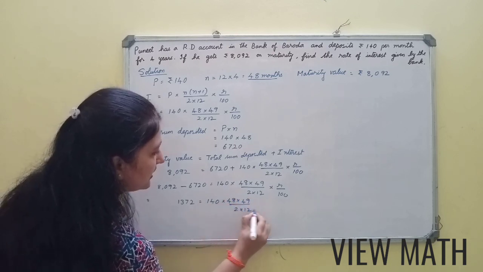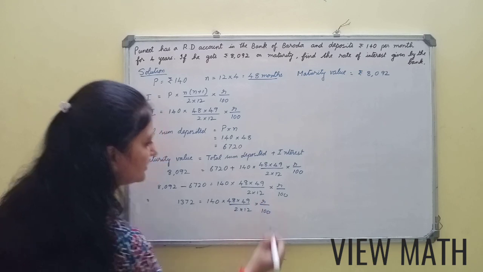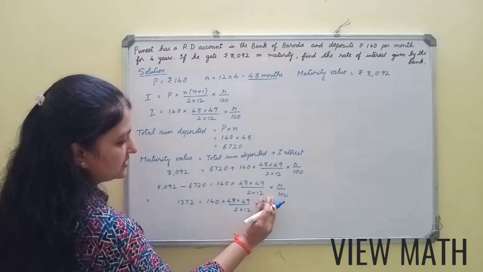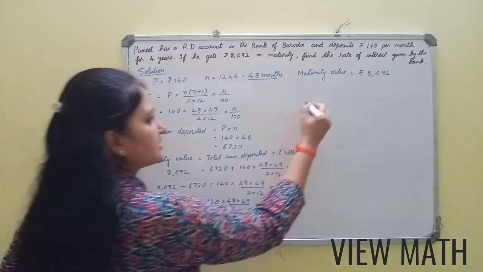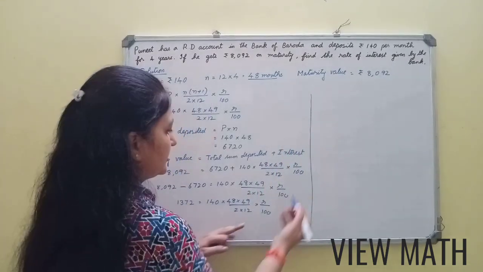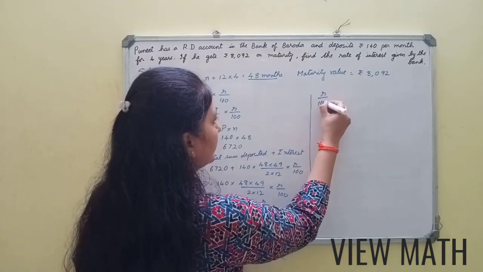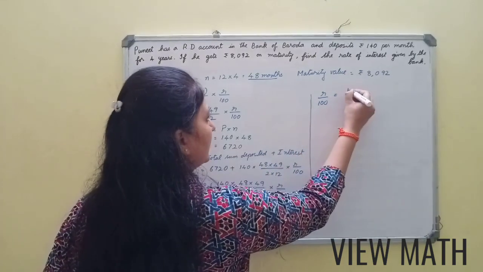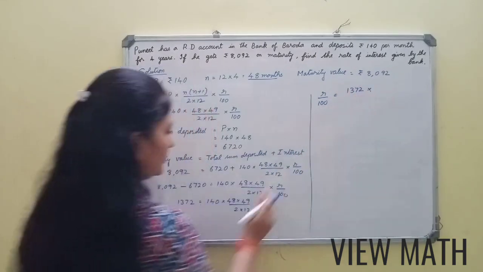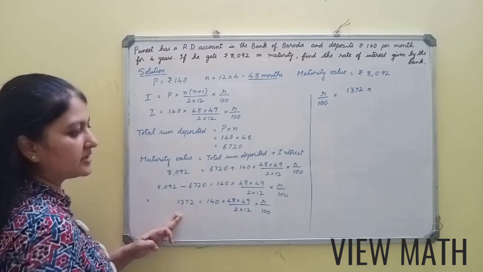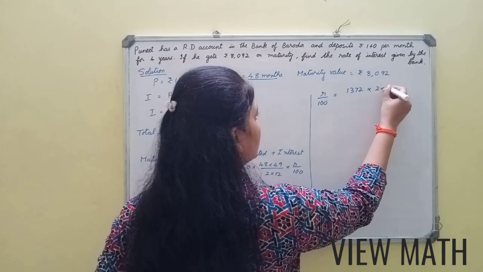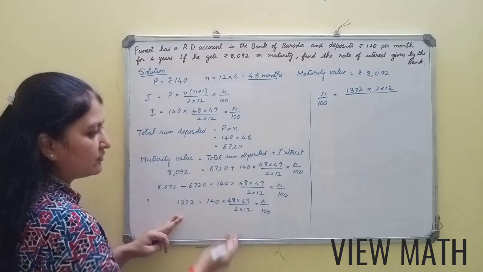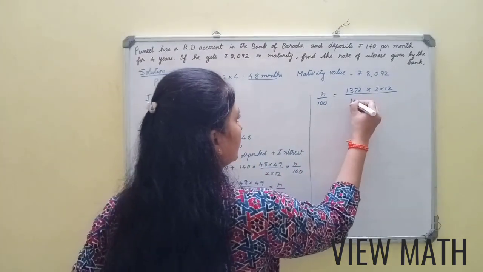1372 is equal to 140 into 48 into 49 by 2 into 12 into R by 100. So I have to find out R. So this alone let me keep to one side and remaining all let me take to the other side. R by 100 is equal to 1372 into 2 into 12, divided by, so here it is in the denominator, when it comes to the other side it comes to the numerator, 140, 48 and 49 will come to the denominator.